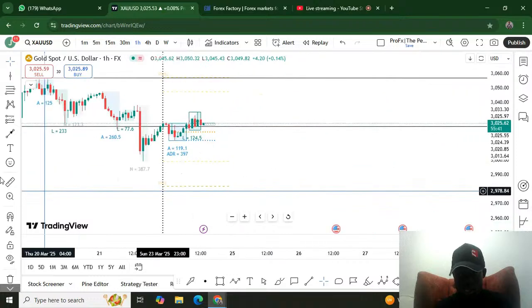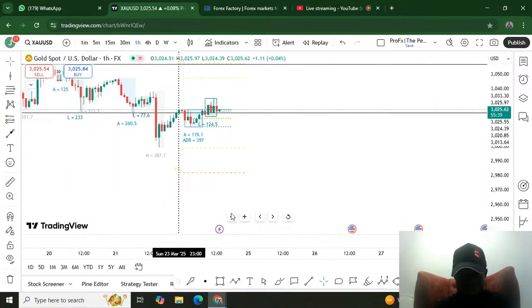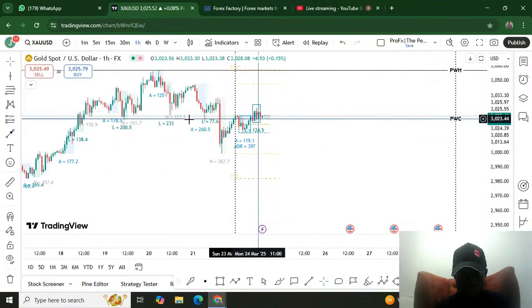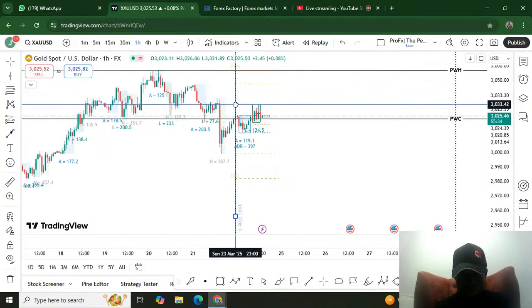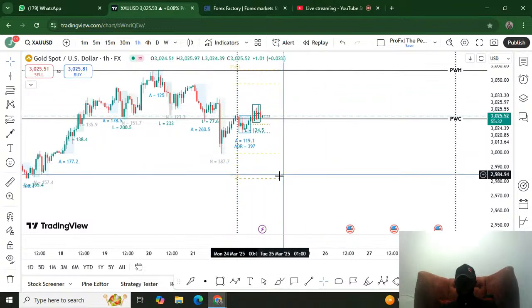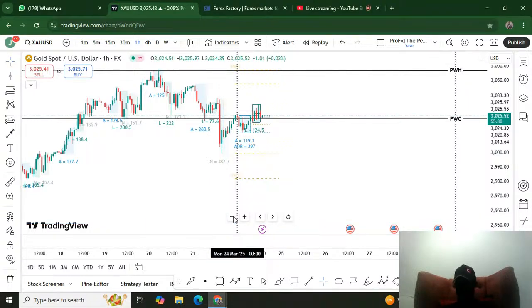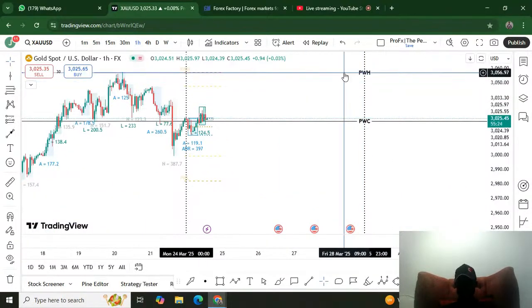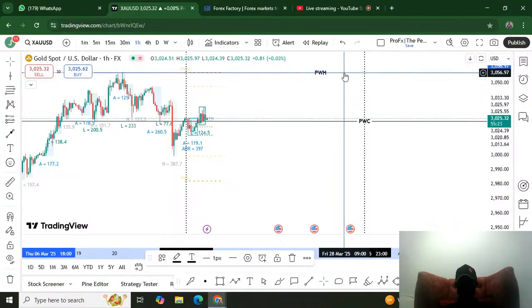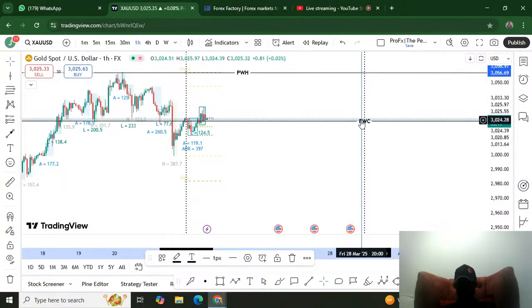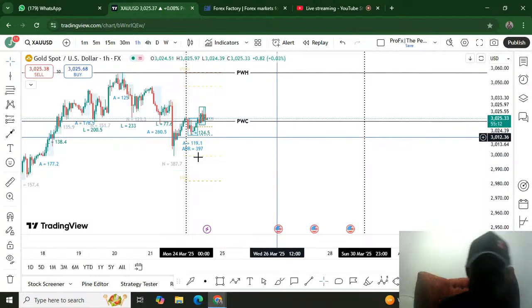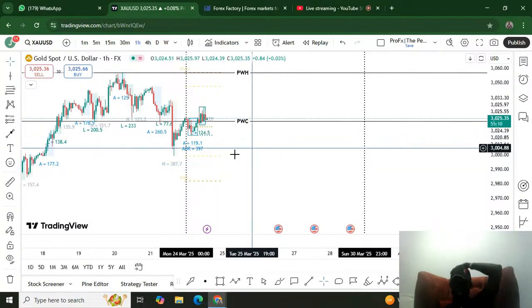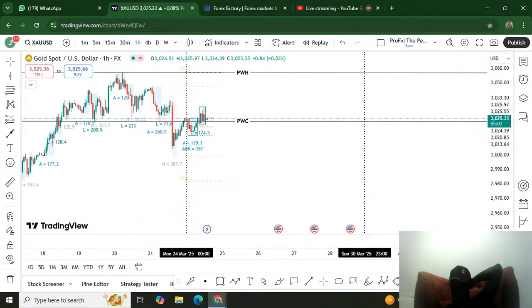Chart to charts. All right. So we are starting from Monday, which is here. So this is what we have: weekly high and weekly close. Okay. So let's see how days will play out: Monday, Tuesday, Wednesday, Thursday, Friday.